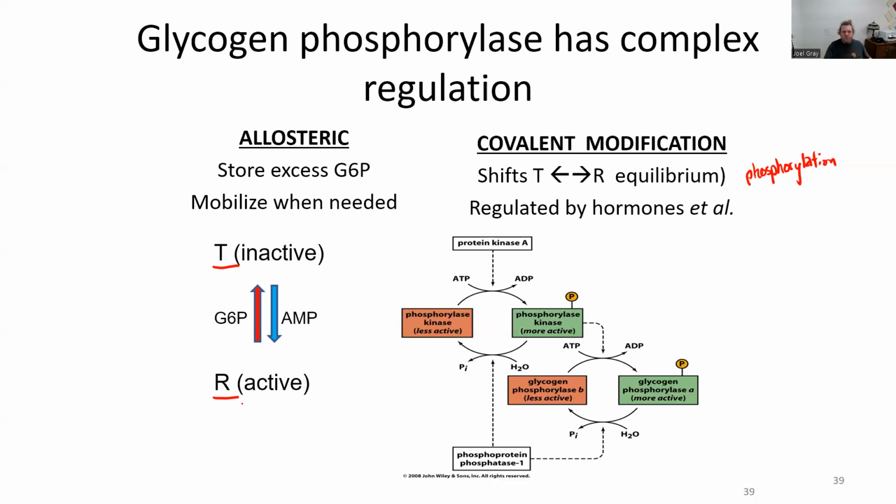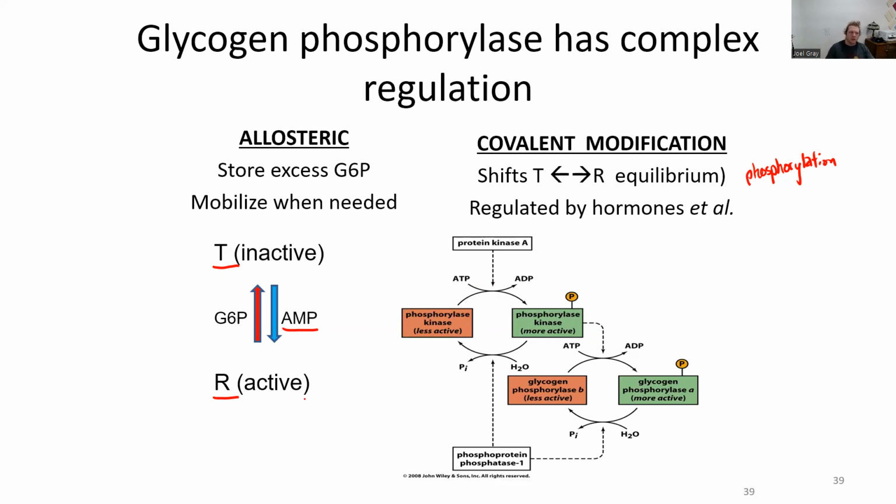Now, AMP, adenosine monophosphate, is a positive modulator of glycogen phosphorylase. AMP is going to push the equilibrium towards the R state of glycogen phosphorylase. Glucose 6-phosphate, on the other hand, is a negative regulator.